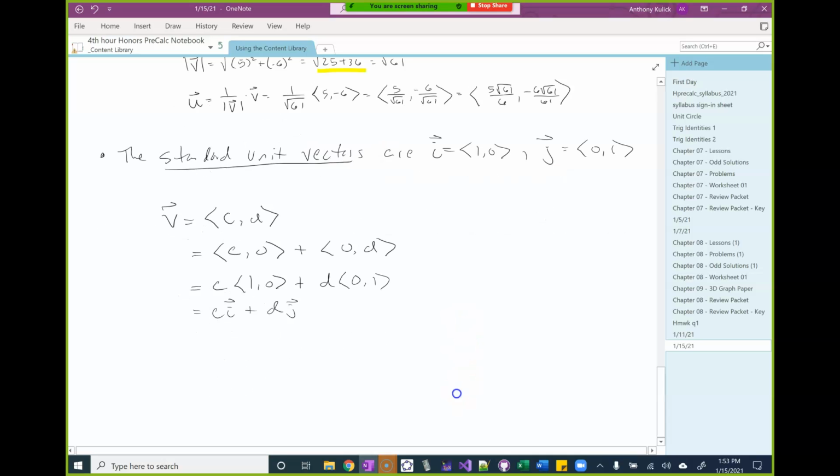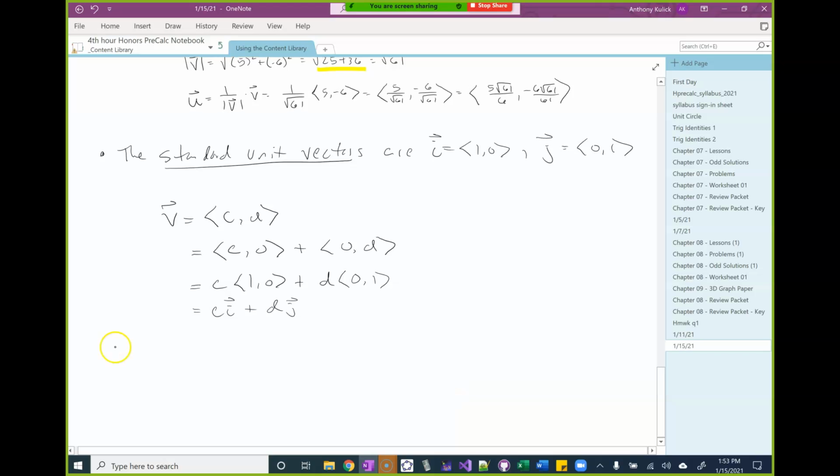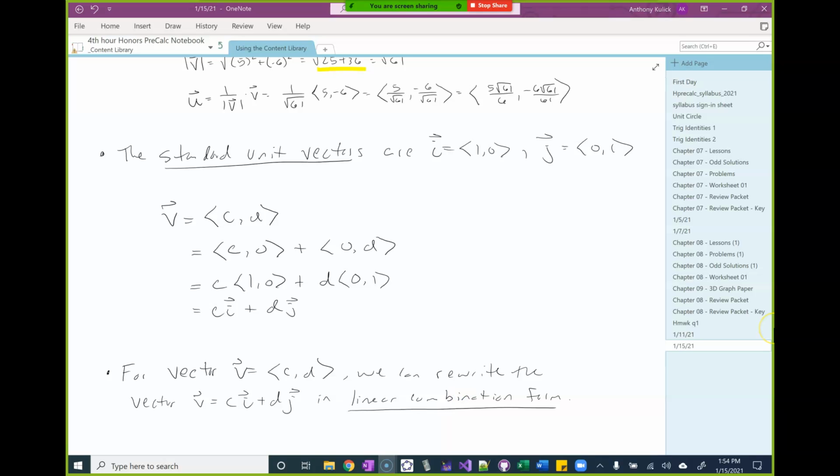This form we give a special name to. We call that the linear combination form. So again, this linear combination form just gives us another way to represent a vector.